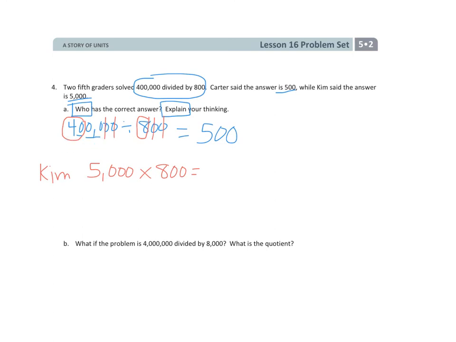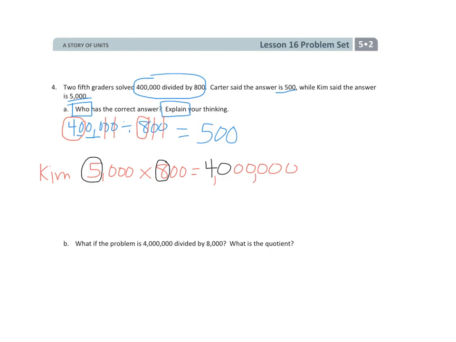Well, I see a basic math fact. 5 times 8, that's 40. And since we're multiplying, we have to add these 3 zeros and these 2 zeros to the end of 40, and not count the 0 in 40 as one of them. So we have to have 5 more zeros, and I'll do them in red. 1, 2, 3, 4, 5.